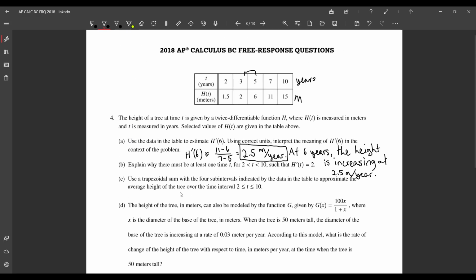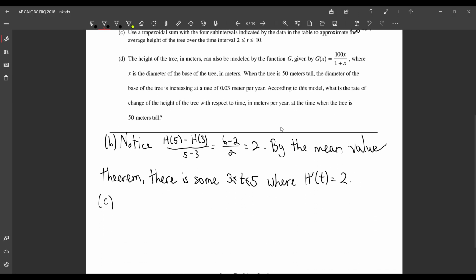Use a trapezoidal sum with the 4 subintervals indicated by the data in the table to approximate the average height. Okay, so we have to find the average value of h.